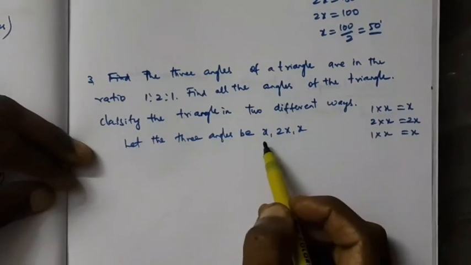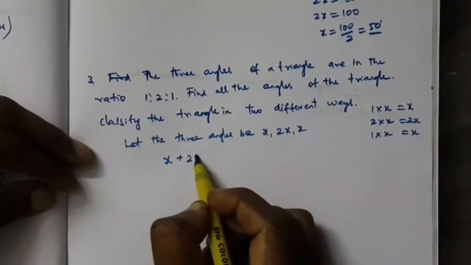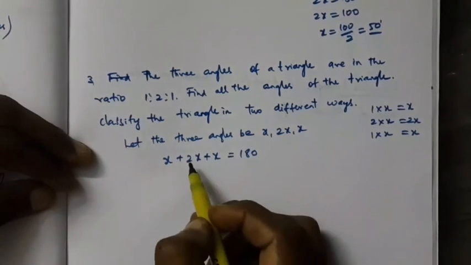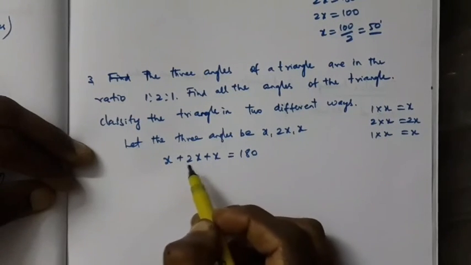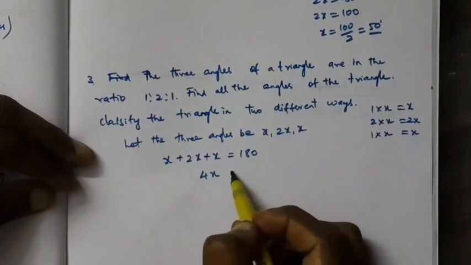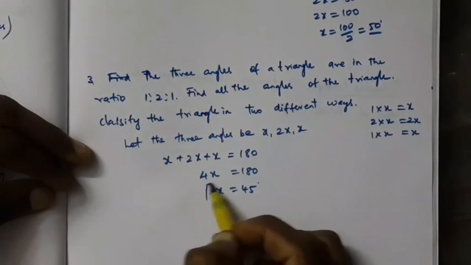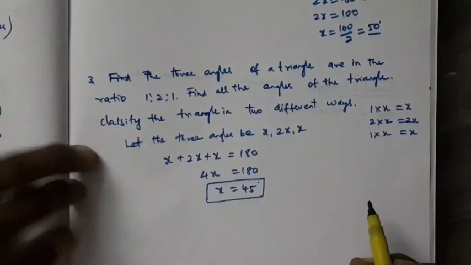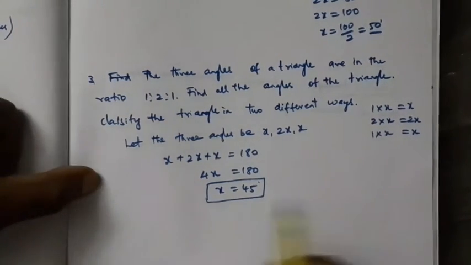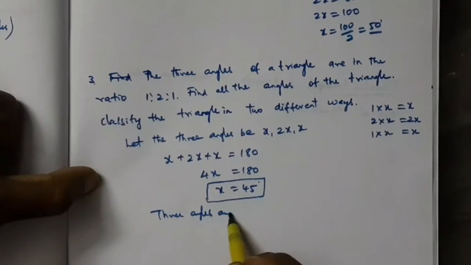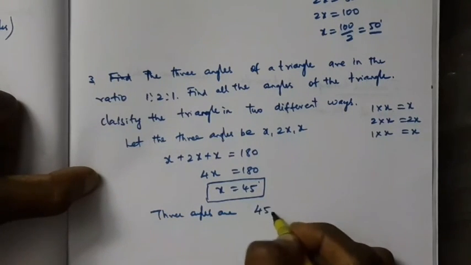If I add the three angles, it should give 180. So x plus 2x plus x, 1 plus 2 plus 1, which is 4x, equals 180. So x is 45 degrees. So what are the angles? x is 45.